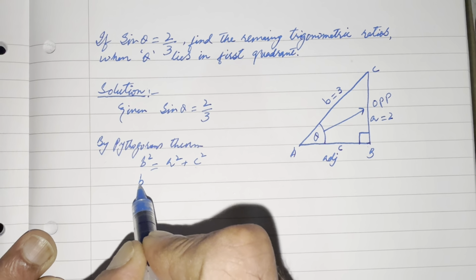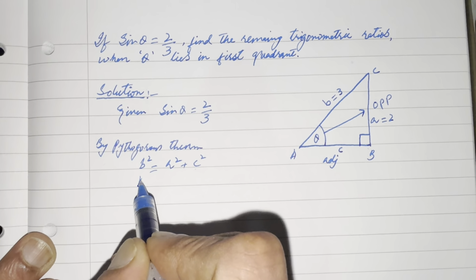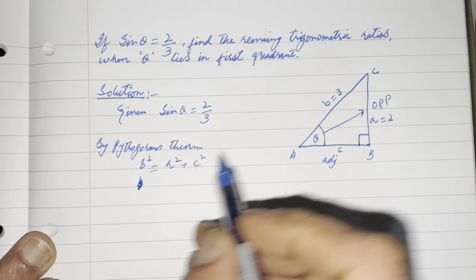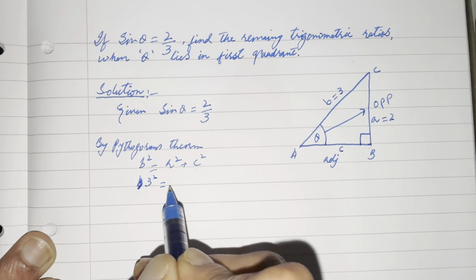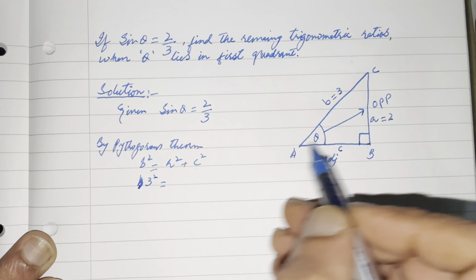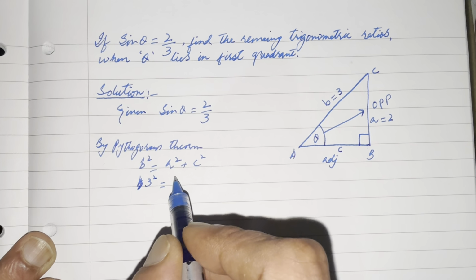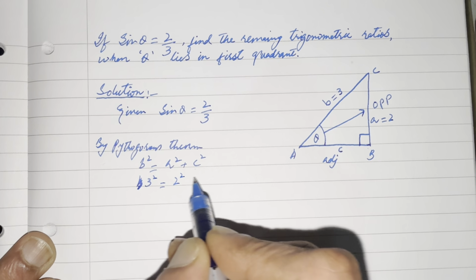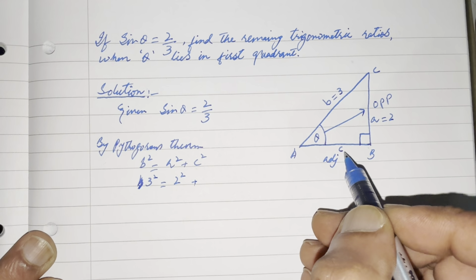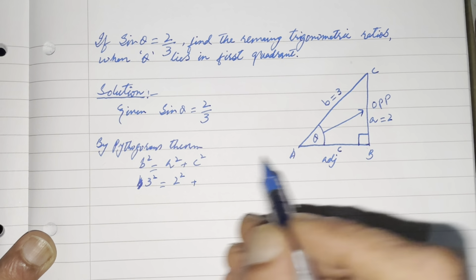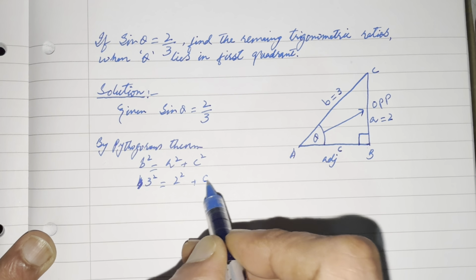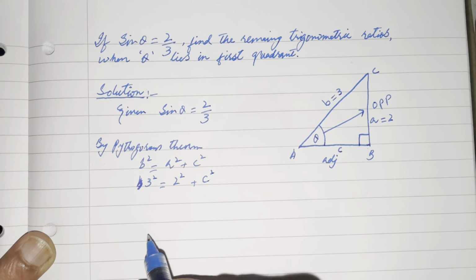So b is given as 3, so we can write 3 square is equal to a square. A is 2, so 2 square plus the length of the adjacent side, which is small c.